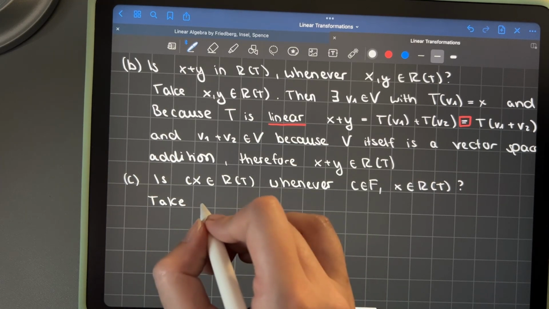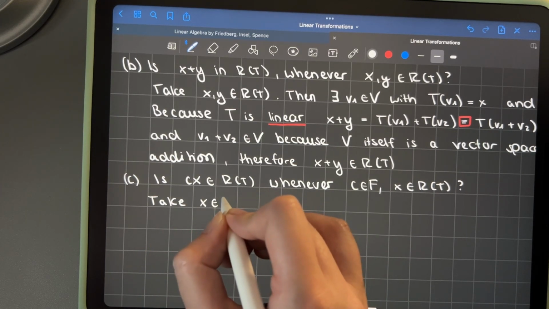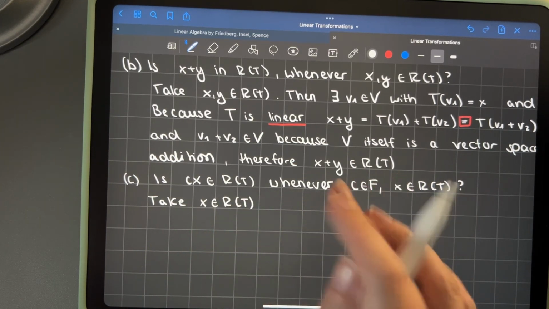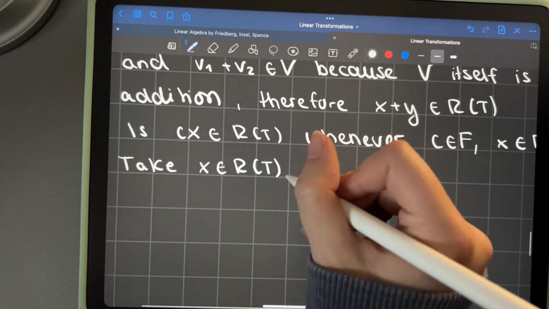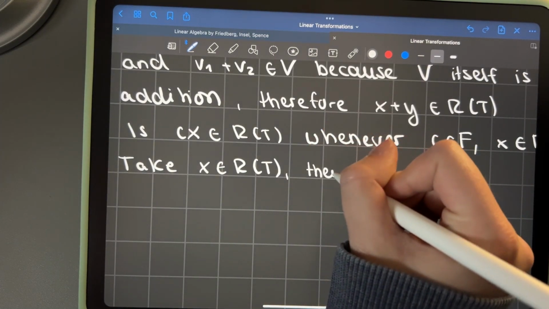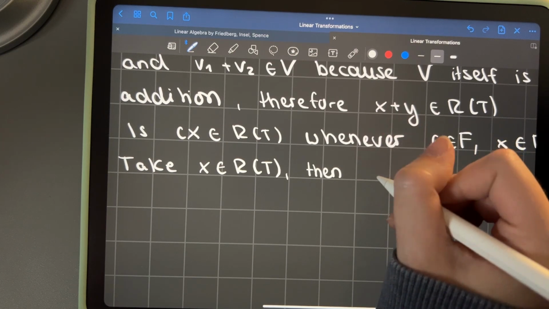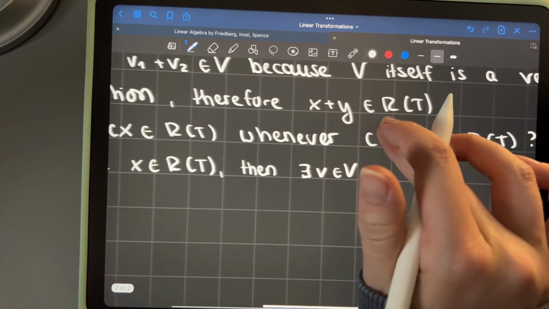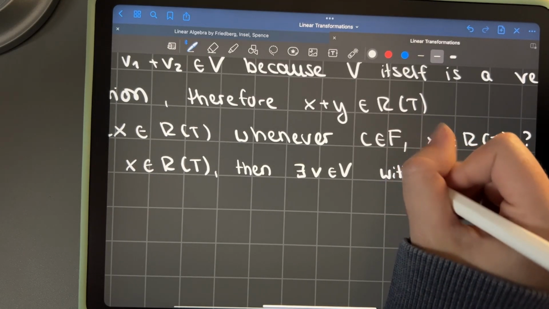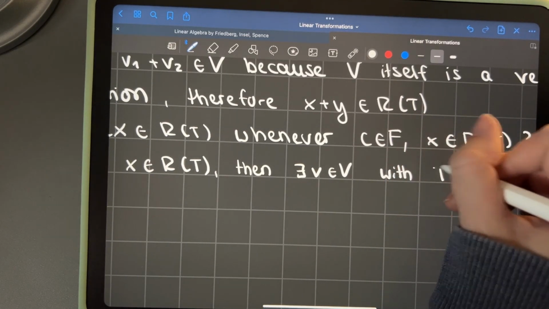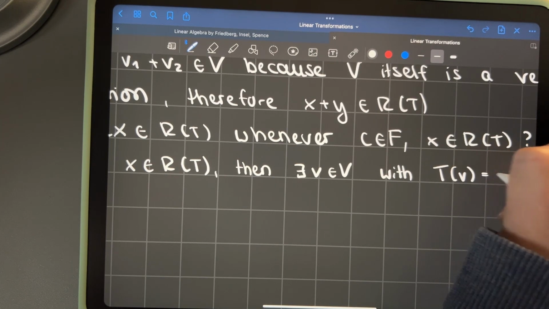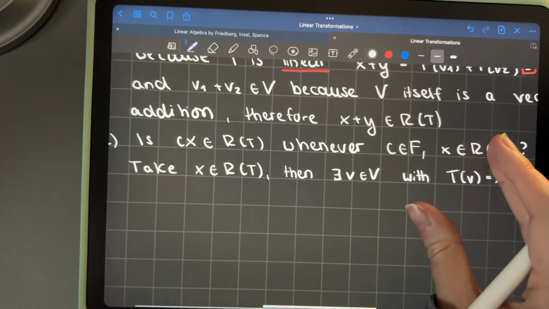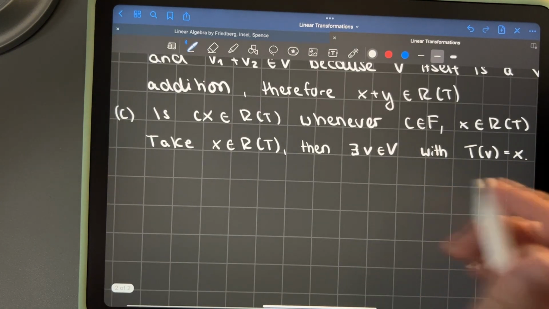Start by taking x out of R(T), then there exists a vector v with T of v equal x, just by definition.